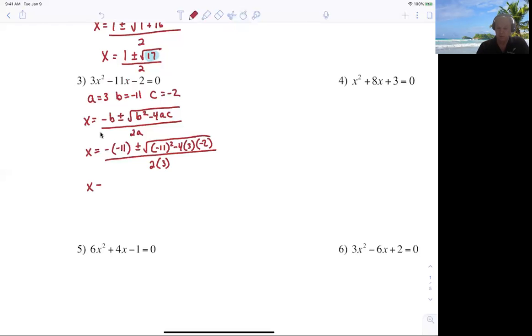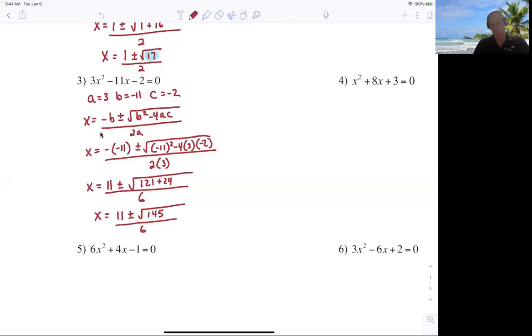So x equals 11 plus or minus the square root of negative 11 squared, 121. 4 times 3 is 12, times 2 is 24. Two negatives make a positive, so plus 24, all over 6. So x equals 11 plus or minus the square root of 145 divided by 6.